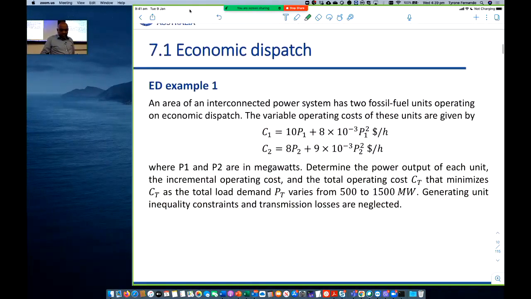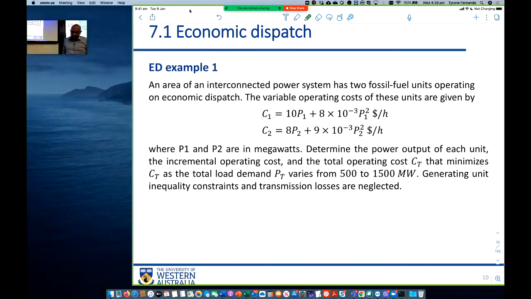So let's see how to apply that in an example. We have the cost C1 for generator 1. C1 depends on how much power it generates, because you can see C1 is a function of P1. If it's generating 2 megawatts, that will be a particular cost.